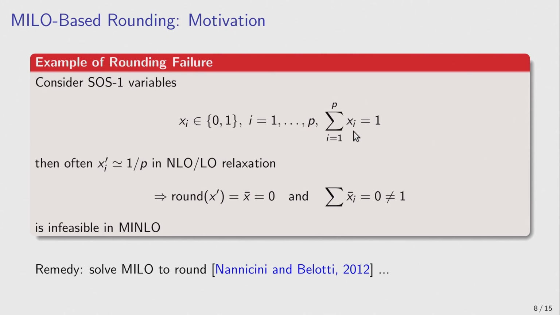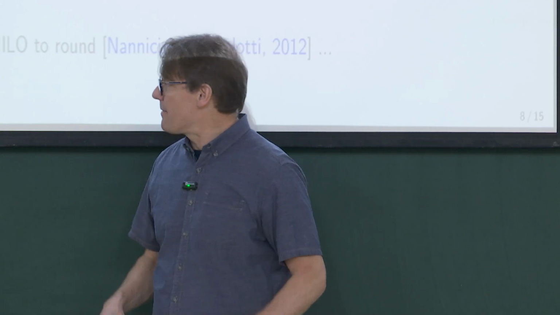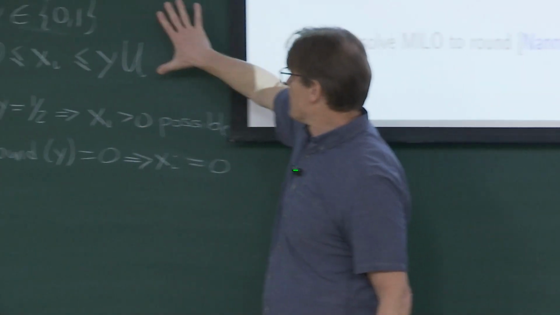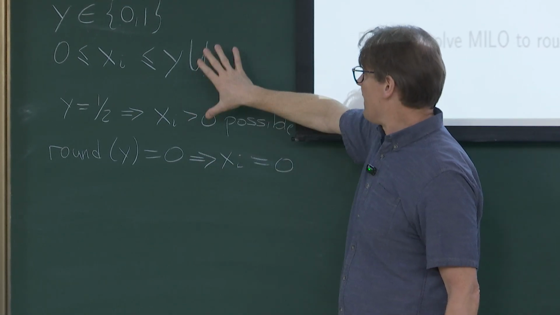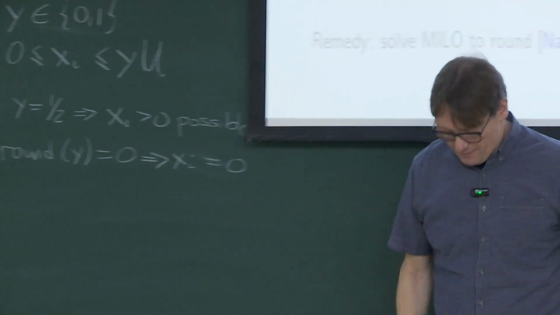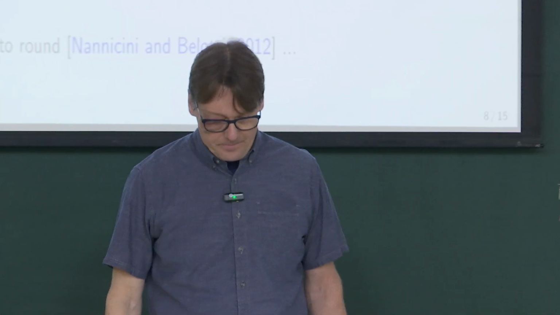Right? If I put 1 over p in here, sum it up p times, I get back to 1. And the reason for that is that it's sort of best to keep all options open. So if I have a whole bunch of these binary variables, the best choice is often to have all of them open and operating.